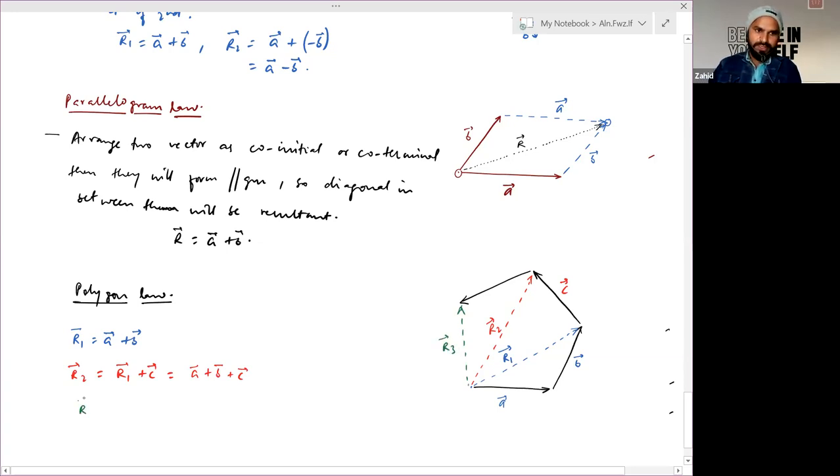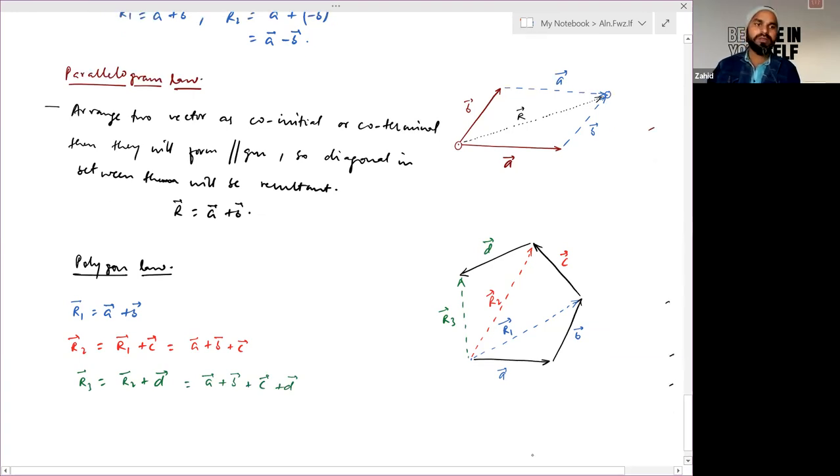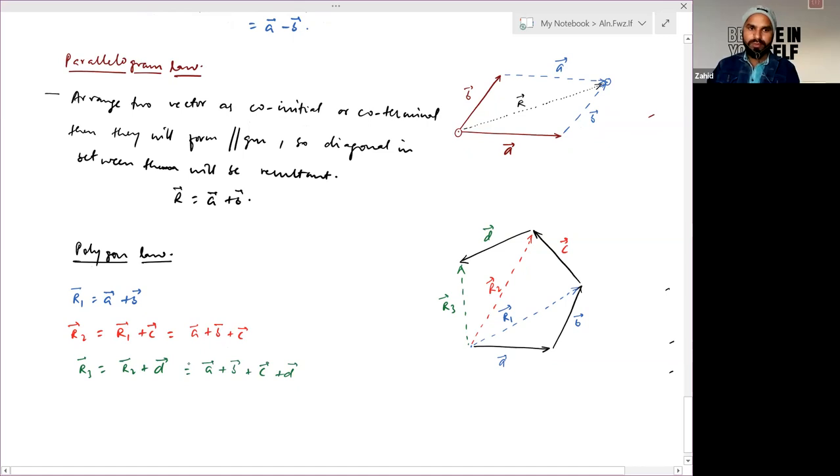So R3 equals R2 plus D, if this is vector D. Now, if you put the value of R2, it is A plus B plus C plus D. So this is how we can extend this triangle law to define the polygon law.